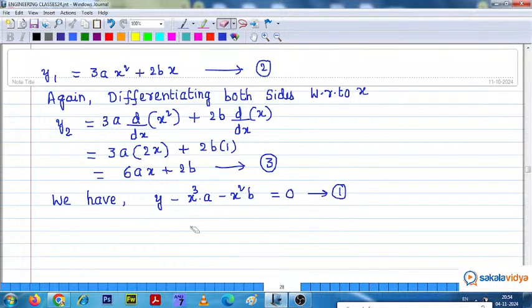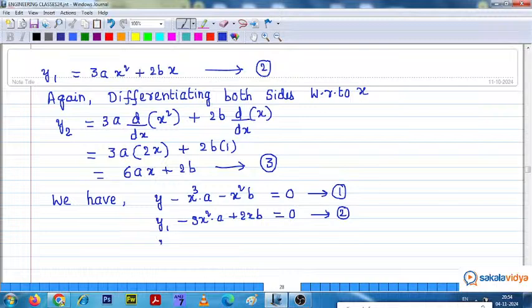Okay, I will rewrite this equation once again for better understanding: y1 minus 3x square times a plus 2x times b equal to 0. This is the second equation.